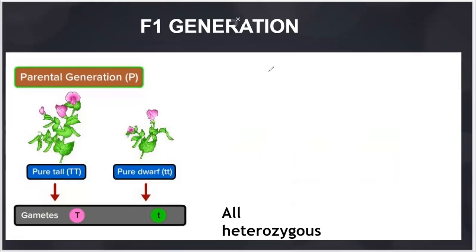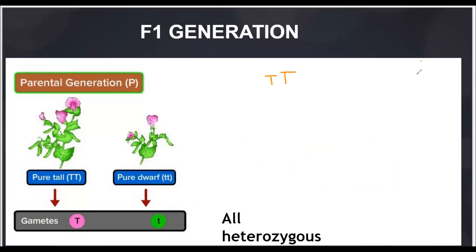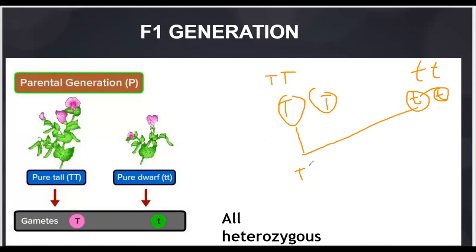So the parent had two capital T and two small t. So I will write it separately because the gametes will be written separately. Then this can combine with this, giving rise to capital T, small t.